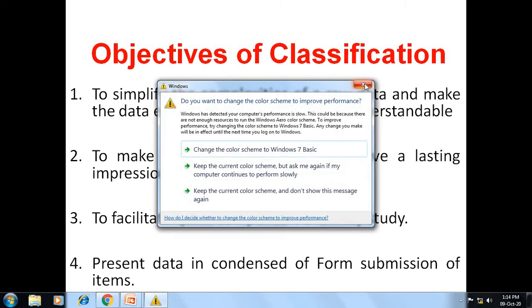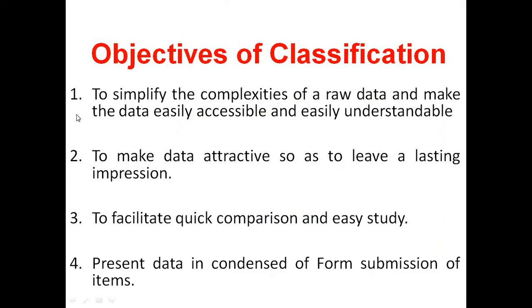Again, to make the data attractive so as to leave a lasting impression. We have to make the data attractive so that anybody can understand it easily, and after understanding, that person will not forget the things for a long time, isn't it?